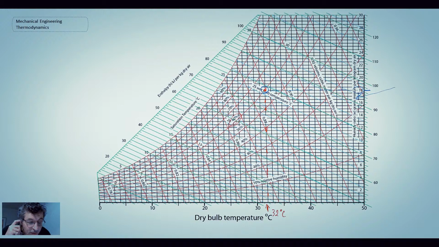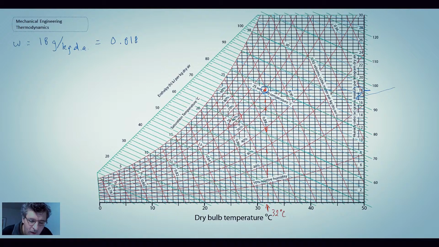So that means we have 18 grams per kilogram dry air. Usually we put this in kilograms per kilogram dry air, and so we would get 0.018. That becomes our specific humidity.